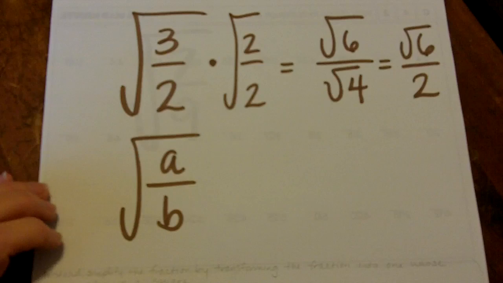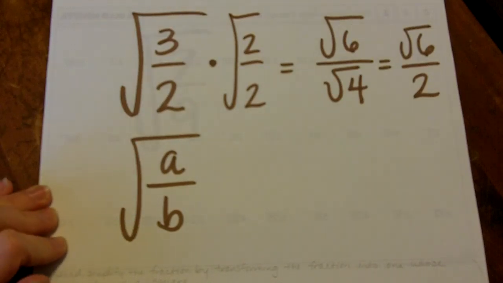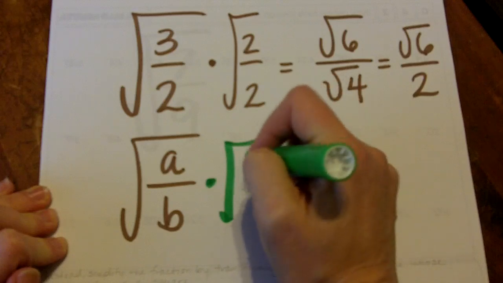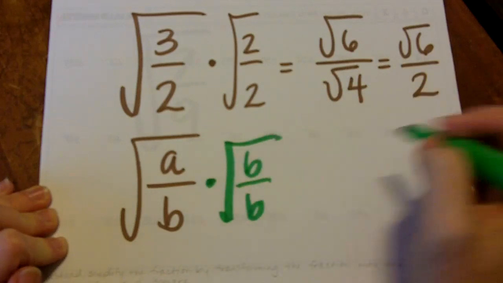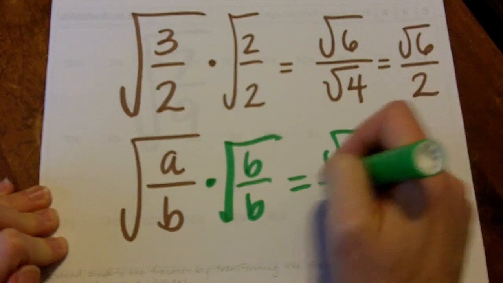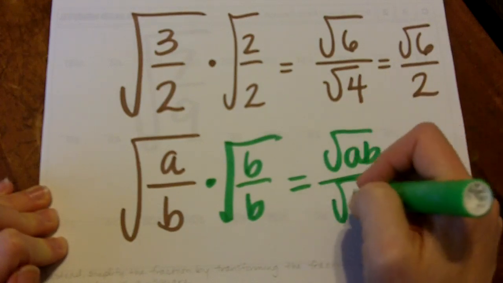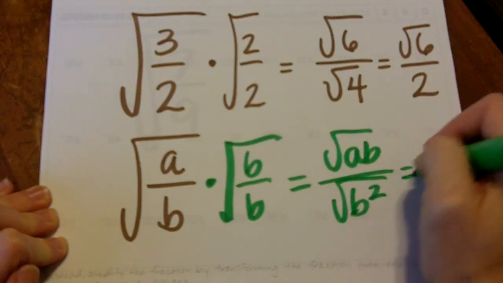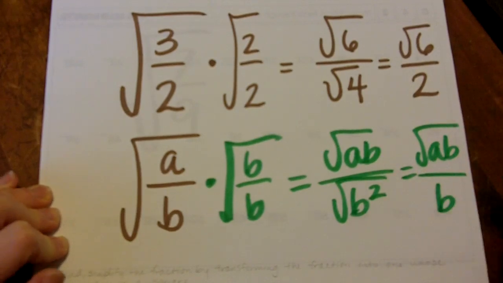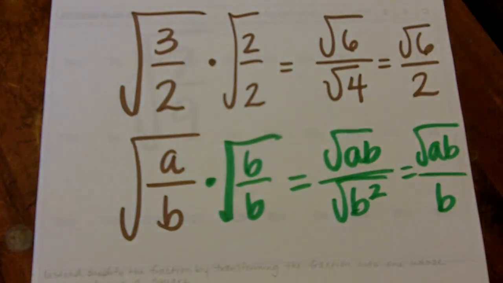Now, if you had the square root of a over b, you could multiply this by the square root of b over b, which gives you the square root of ab over the square root of b squared, or simply the square root of ab over b. Radical gone, problem solved. That is how you simplify a fraction.